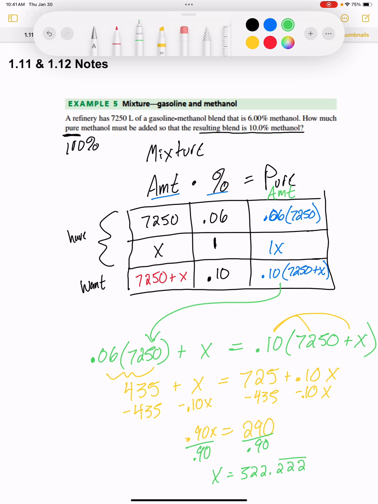If we have 7,250 liters of the 6% and we're trying to convert it to a 10%, we're going to need 322.22 repeating liters of pure methanol, and that's what we need to add to end up with that 10%. It's important to tell yourself what's going on here.